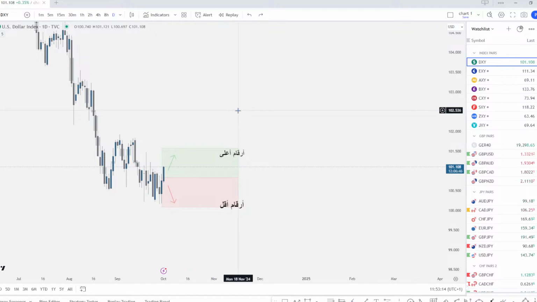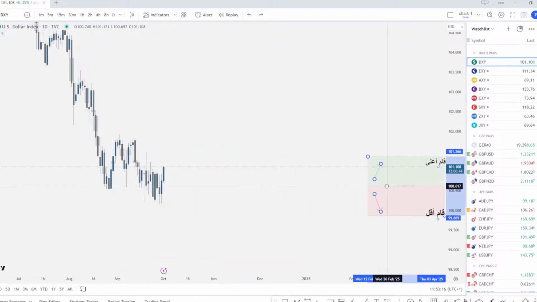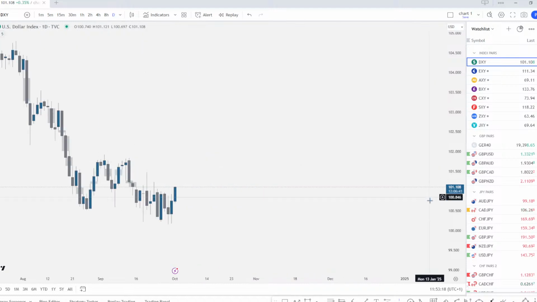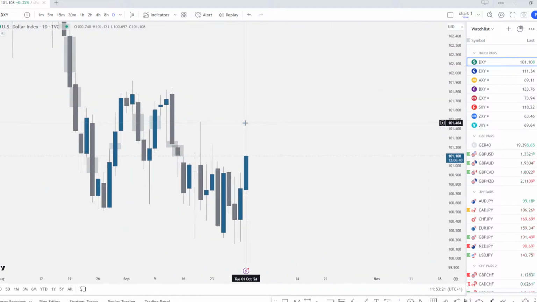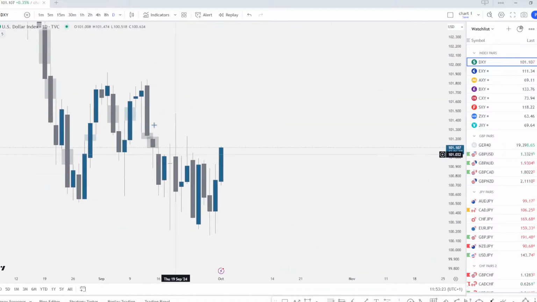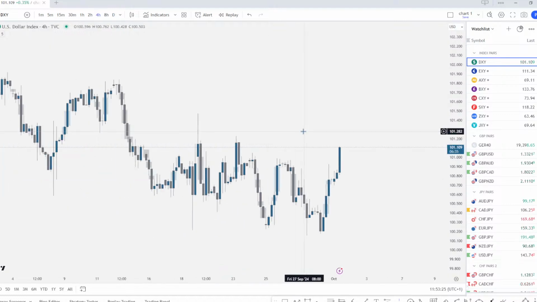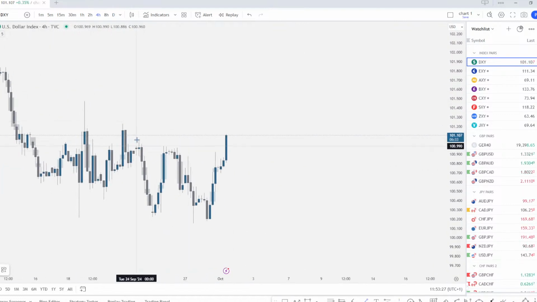So let me just scooch this out of the way quickly. Daily down, 4 hour. That's a major high. That was a point of liquidity. That wasn't really, but it was still a high.